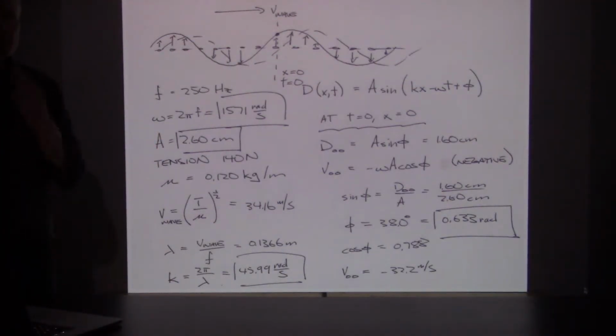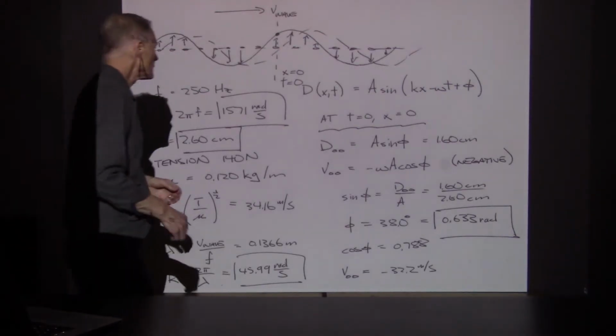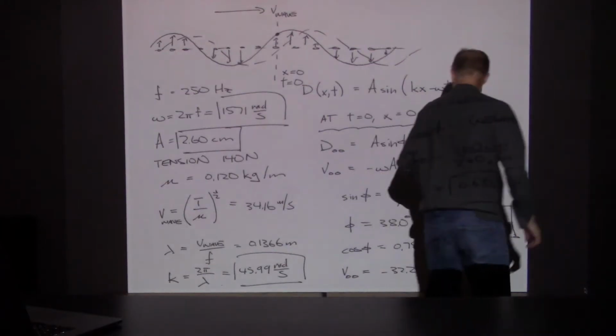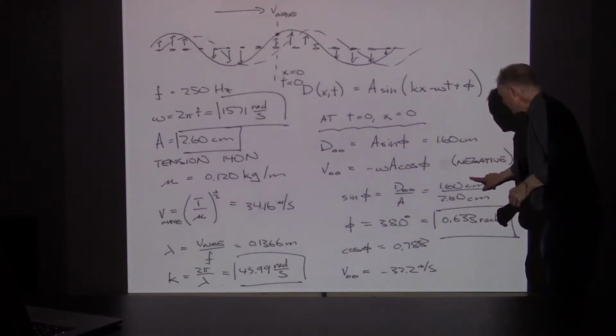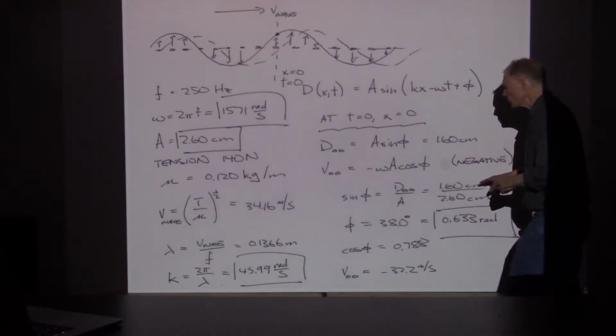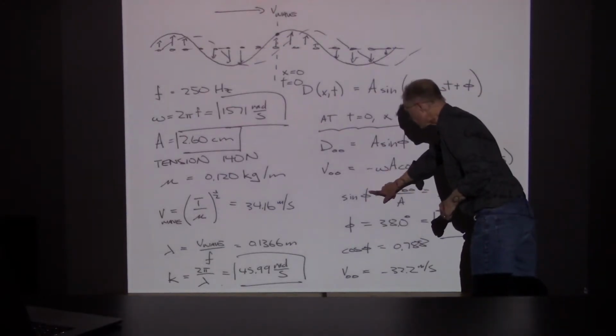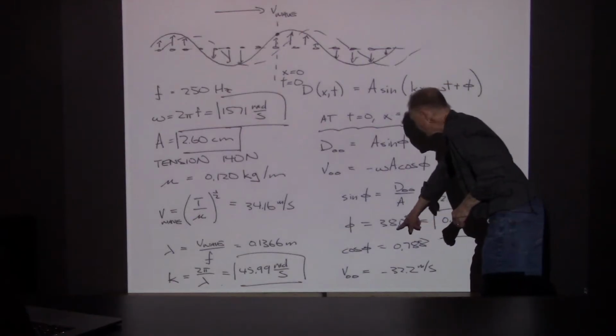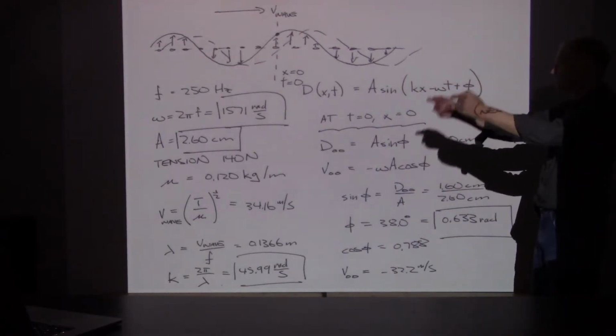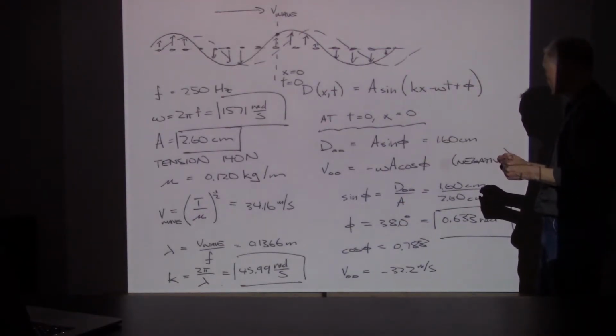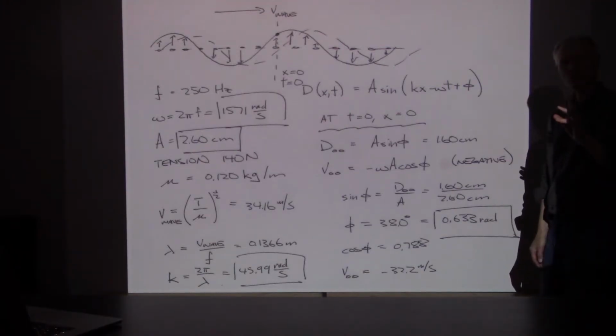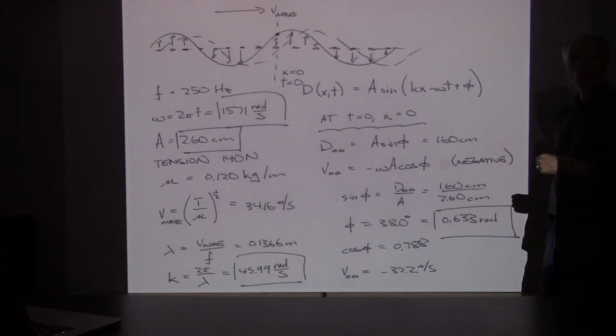But wait a minute. We know, again, from chapter 14, that this might not be the only solution possible. There's going to be another sine solution where we take 180 degrees and subtract 38. There's a second solution out there. We don't know if this is the right one.